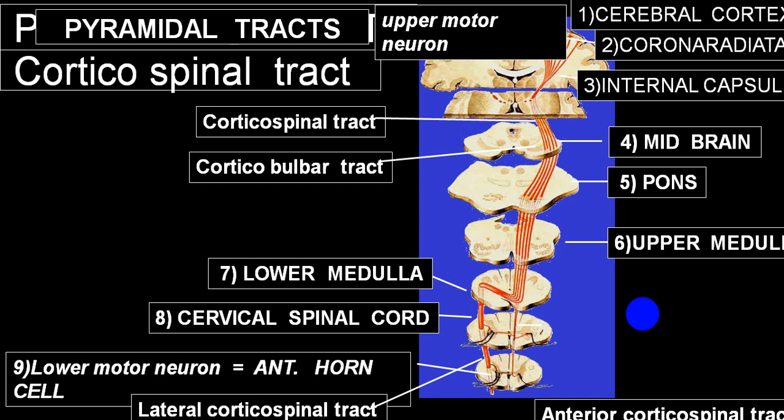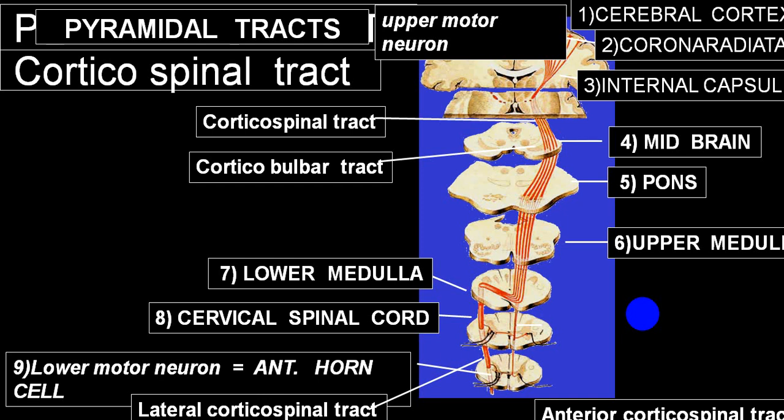As it descends down through the midbrain, pons and medulla, it gives out fibers to the motor cranial nerve nuclei. We call these the corticobulbar tracts. In the lower part of the medulla, 90% of the fibers cross to the opposite side. That is the lateral corticospinal tract. 10% of the fibers remain on the same side.